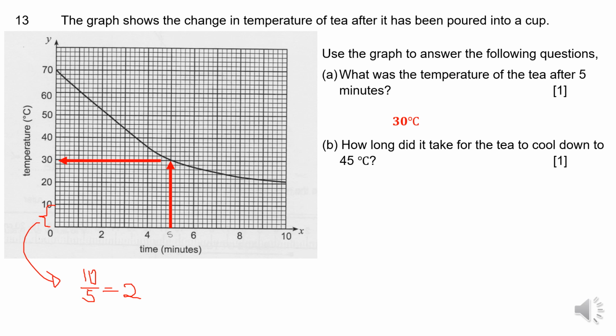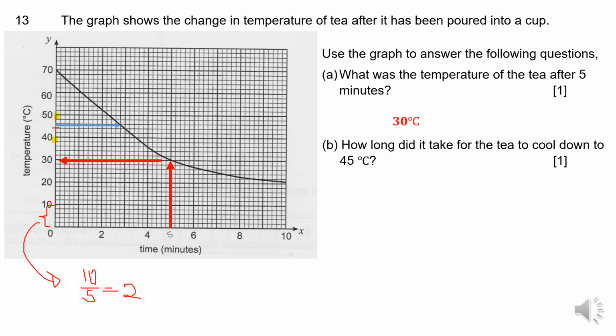If I'm here at 40 and here at 50, I expect 45 to be halfway in the middle, somewhere in that particular area there. So what I do is I draw the line there.